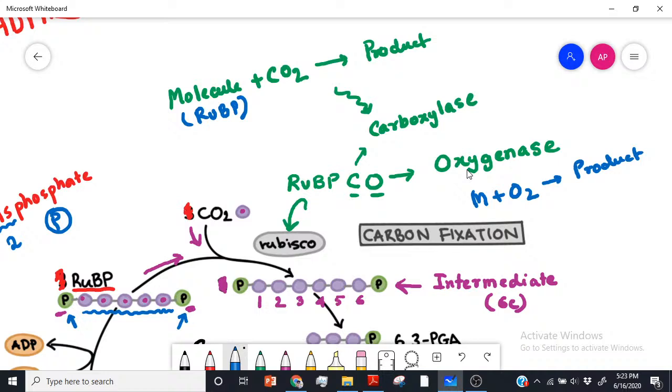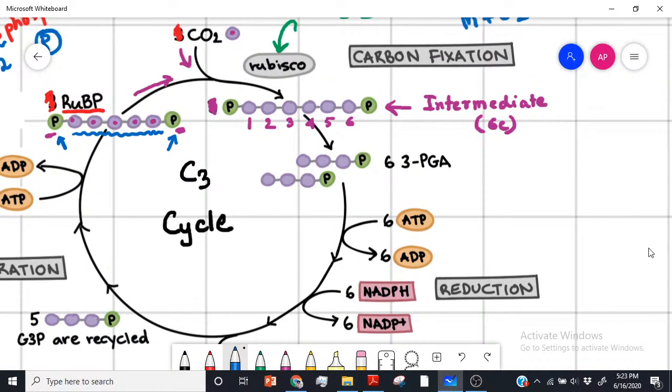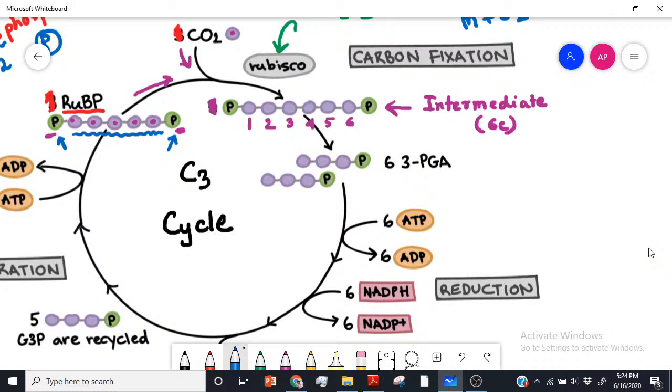Nice. Now we focus on this intermediate, the 6 carbon containing intermediate. Now what happens? This intermediate gets broken down. This intermediate is split from the middle. Now the intermediate gets broken down from this part.